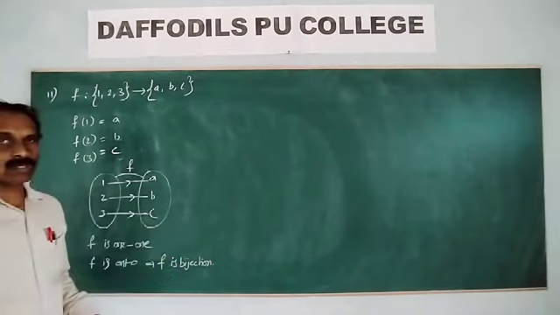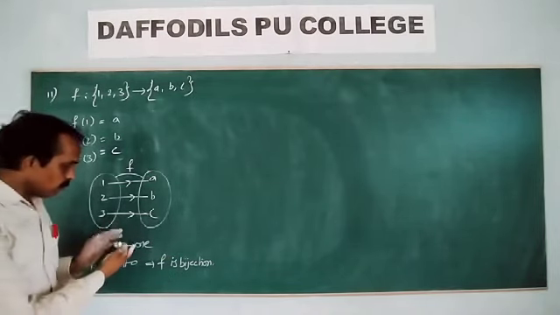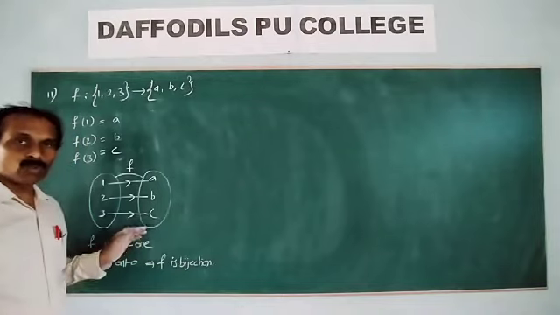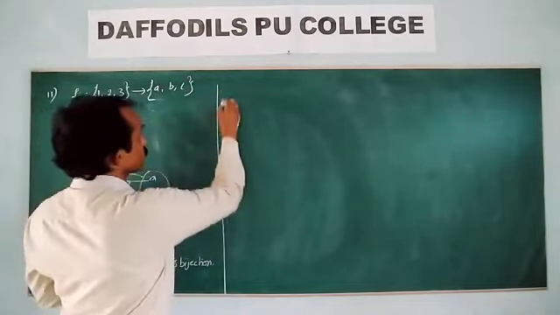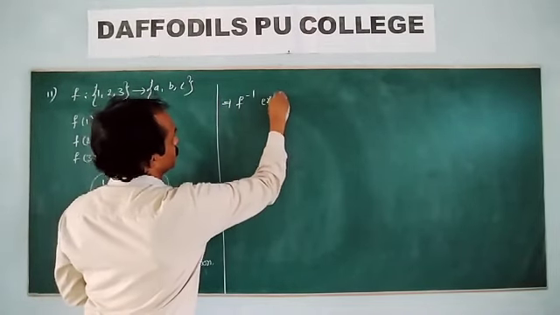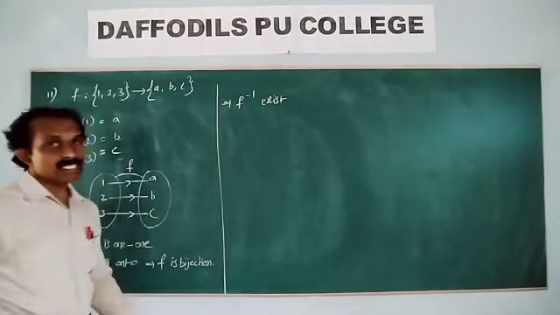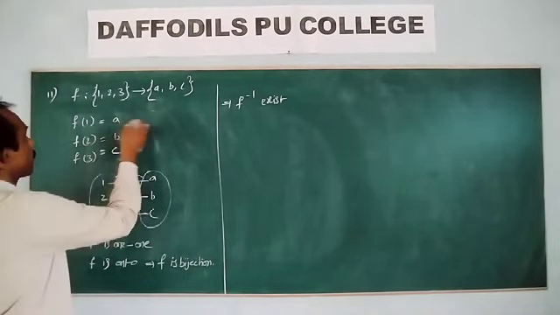Inverse exists only when it is both one-one and onto. That implies f inverse exists.